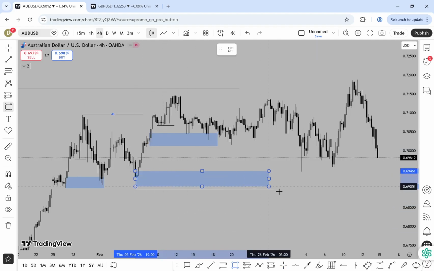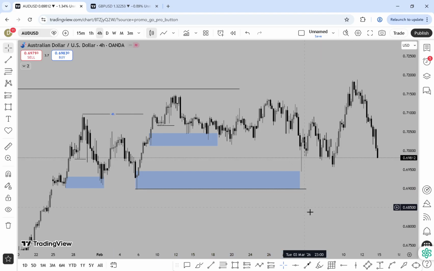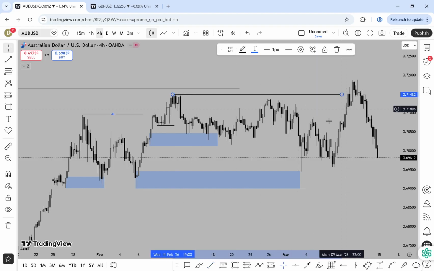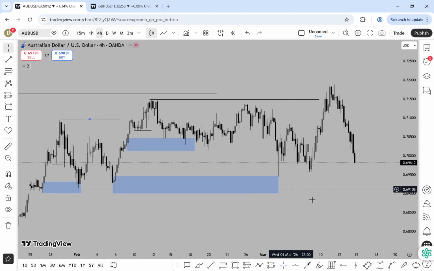I've said this multiple times that there are only two POIs that have high probability. Every other POI is just an SMT, smart money trap. Based on 4 hours, this is supposed to be our high. You can see the market reacted from this level, consolidated, struggled, then at the end of the day failed. Once this failed, this is the next level that the market can easily react from, and you can see how nicely the market reacted from there.